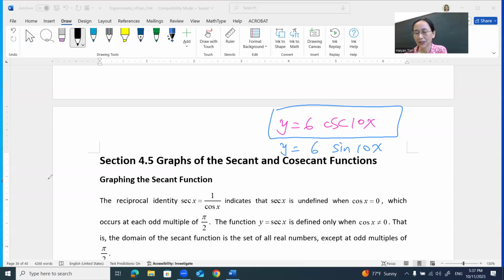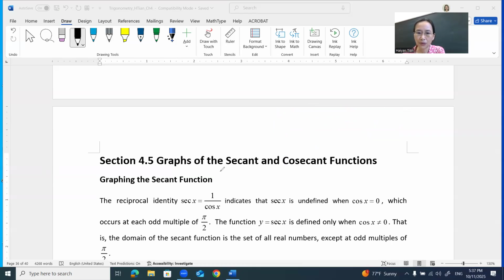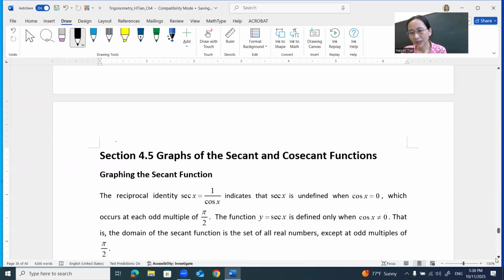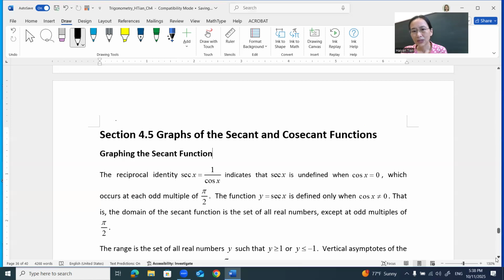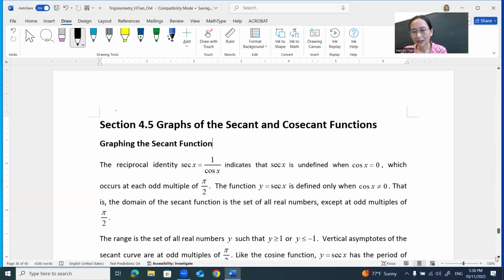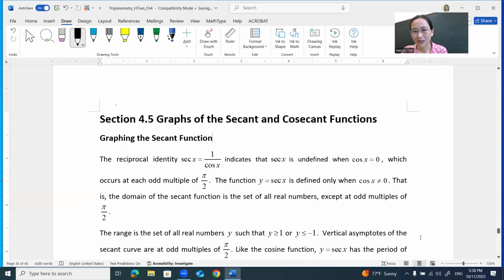Make use of the reciprocal properties between cosecant and sine, or the reciprocal property of secant and cosine. Okay, that's the method, and by using the properties you learned before, that can help us quickly get a good sketch of these functions.